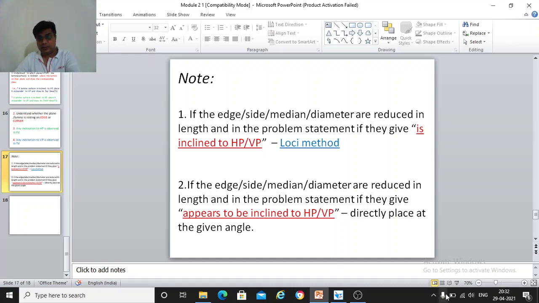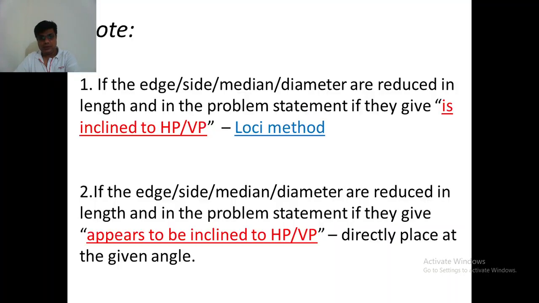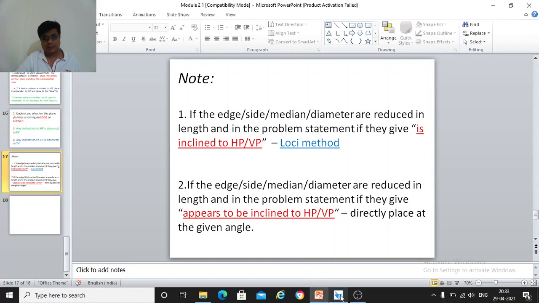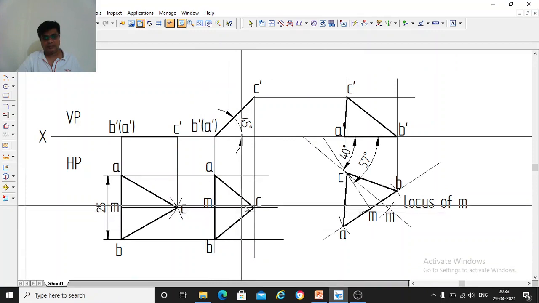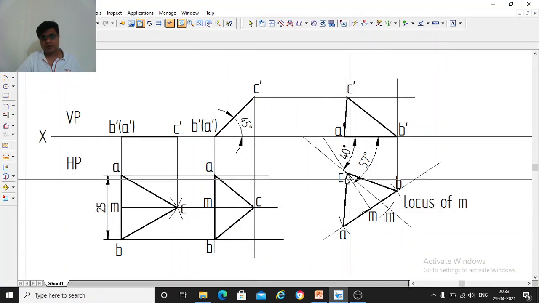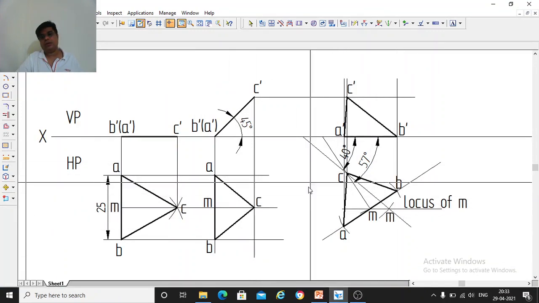You can see the difference between the sentence 'is inclined to HP or VP' and 'appears to be inclined to HP or VP'. If they give appears to be inclined, then you can directly place this triangle, this CM, on this 40-degree line. No need to follow the locus method.